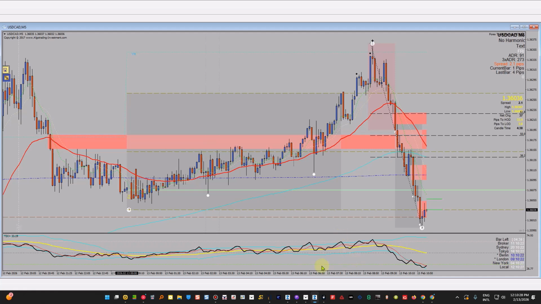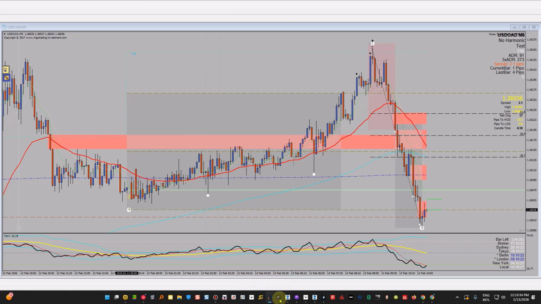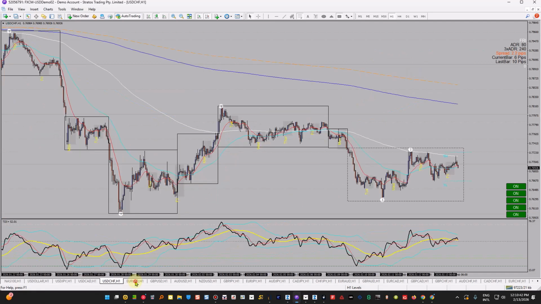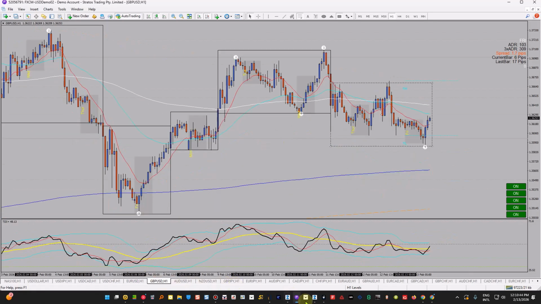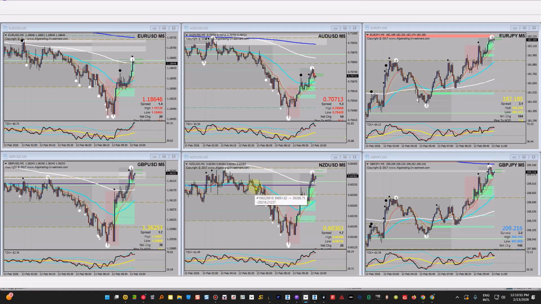All right. So I have my execution terminal over here. My 4-hour terminal is for my harmonics, my 1 hour matrix is for keeping up with all of my 1 hour levels, and my 5 minute matrix is so that I can quickly scan for opportunities once I have my H1 levels and instruments on my market watch list.